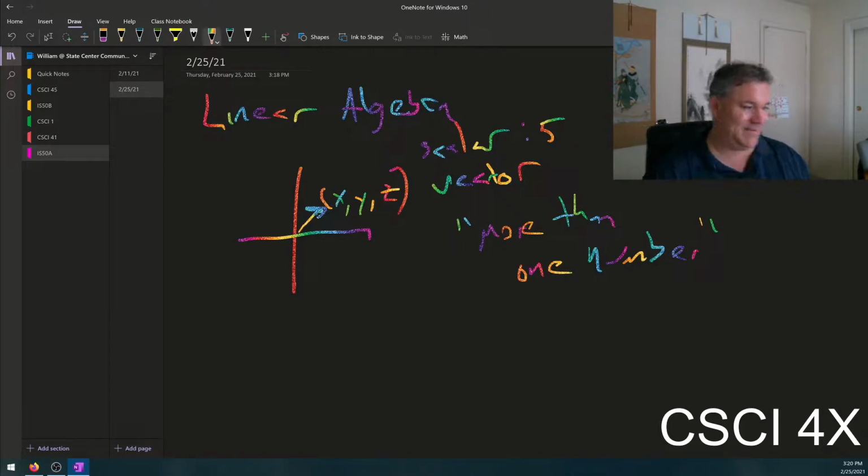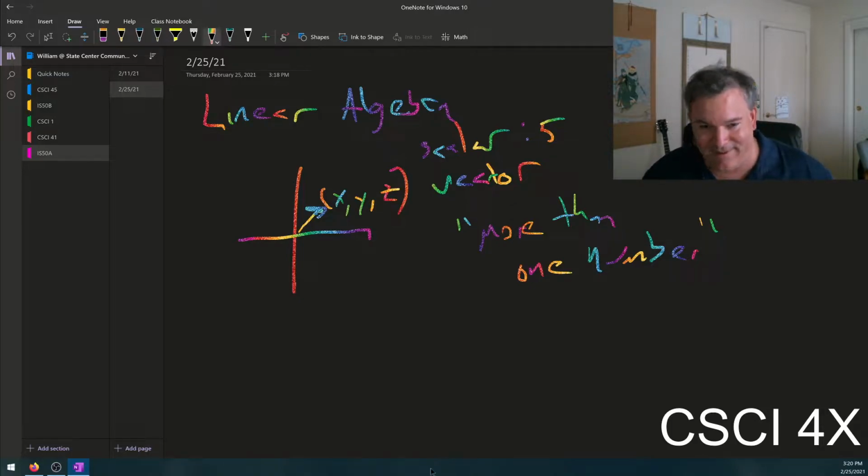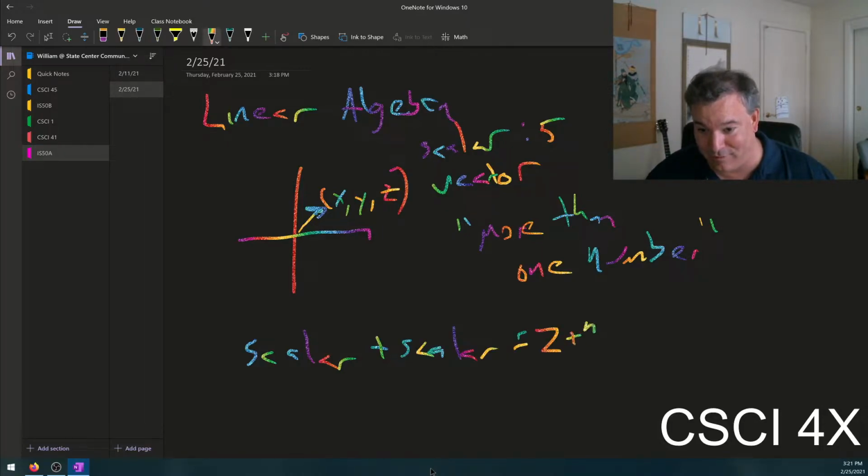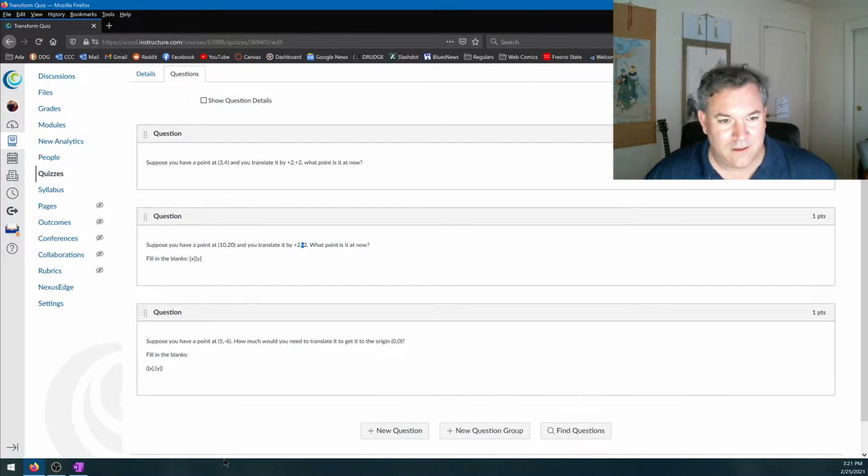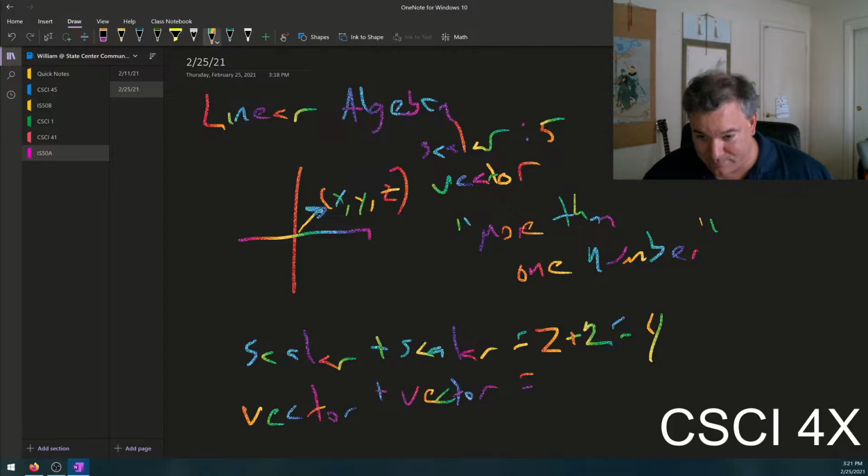So yeah, you can take a scalar plus a scalar, right? For example, 2 plus 2, you get 4. And then you can do a vector plus a vector. So for example, like we did on the quiz, 3, 4 and 2, 2.